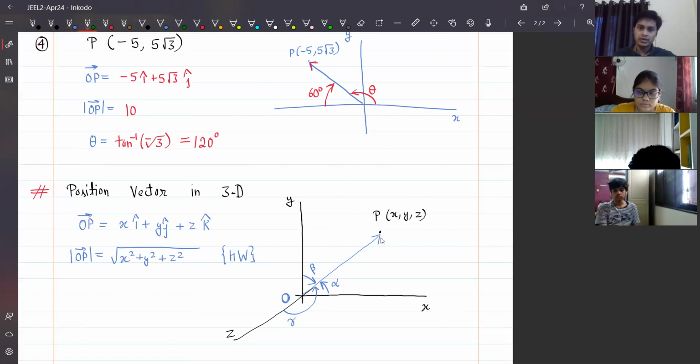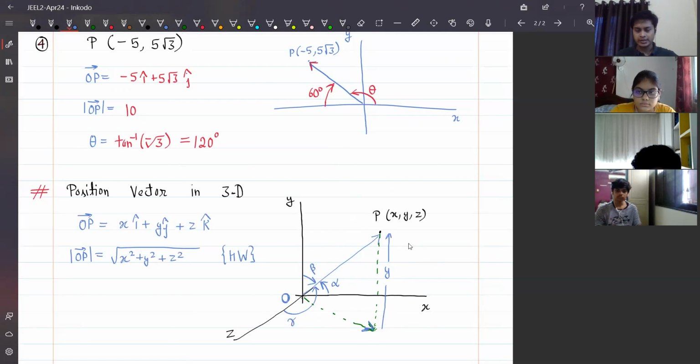If I drop a perpendicular from here, its shadow, if you're putting light from the y-axis, will look like this. And this vertical is your y length, from the base.